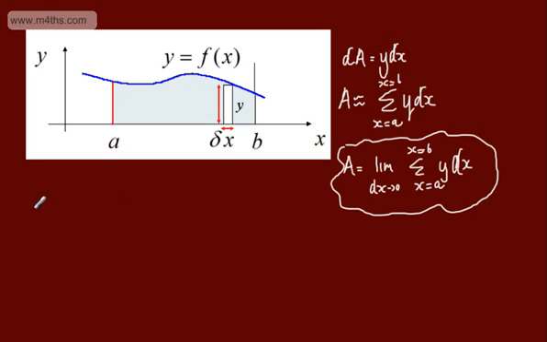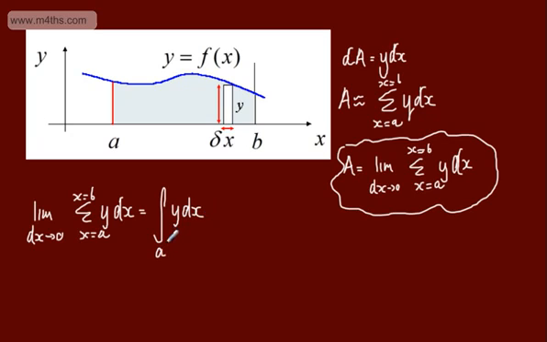We can say that the area is given as the limit, as delta x tends to 0, of the sum from x is equal to a to x is equal to b of y delta x, which will be equal to the integral of y dx, from a to b. So that's what we can say.